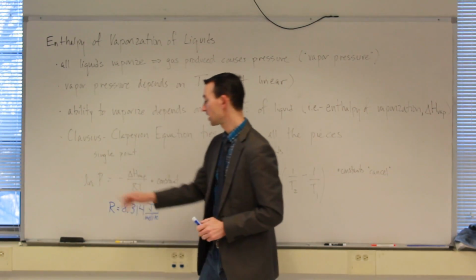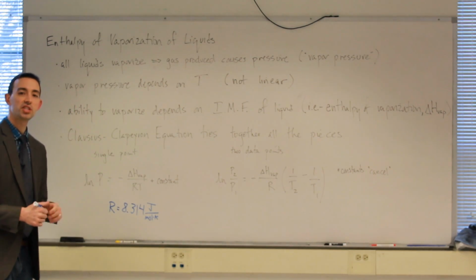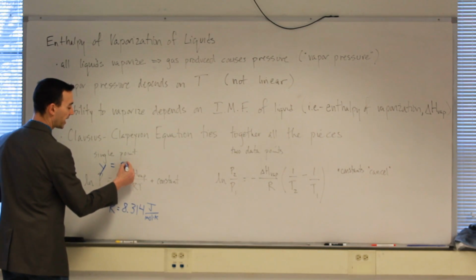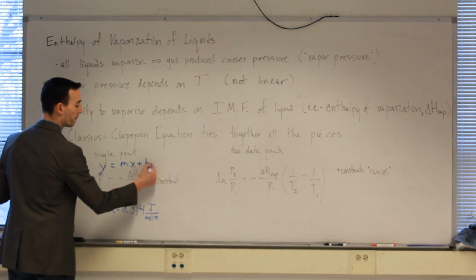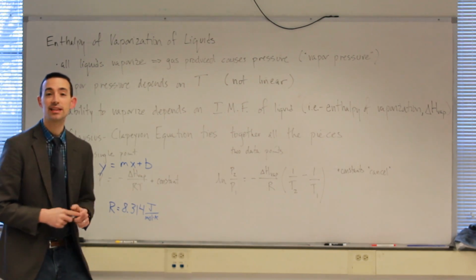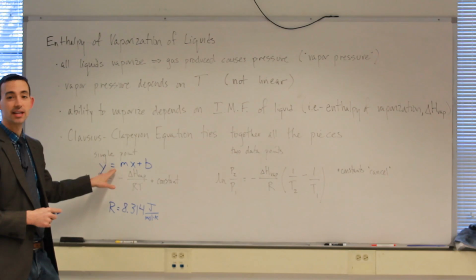This equation, on the other hand, even though I said it's for a single point, looks suspiciously like a y equals mx plus b format, which matches a straight line, right? This is the format of every straight line.